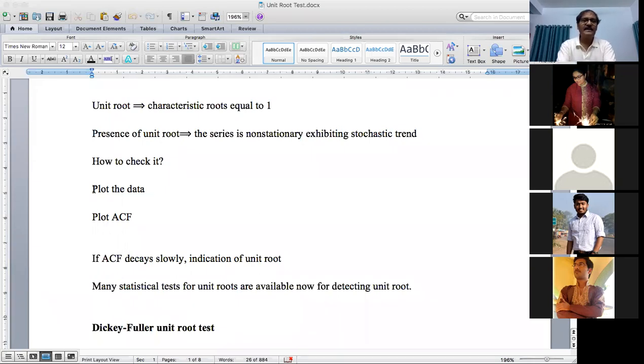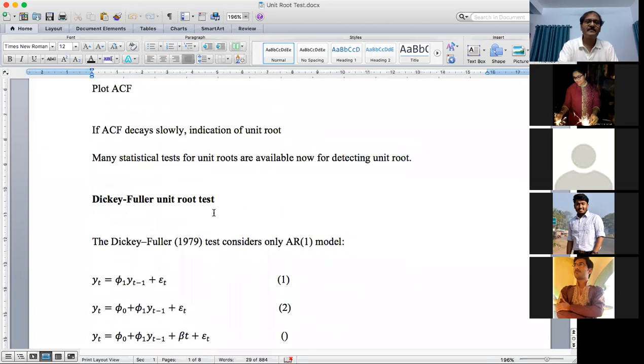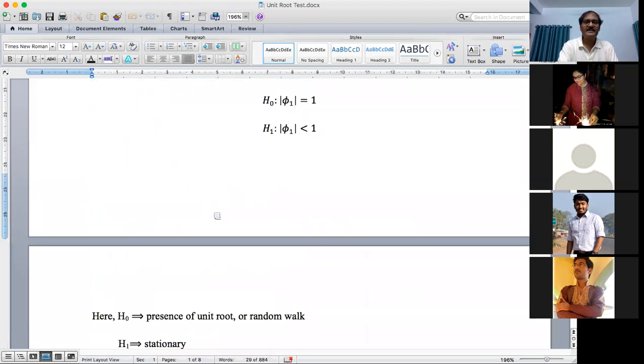So we have the data, we can plot it. By plotting the data, we may have some idea about the nature of stationarity, nature of non-stationarity, nature of trend, etc.